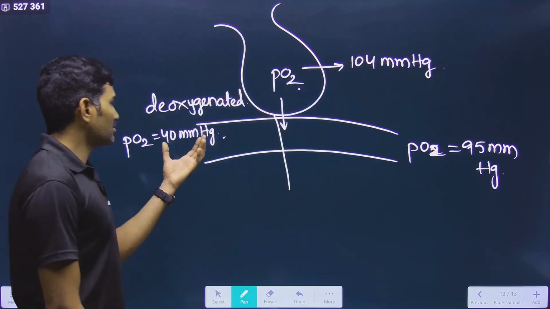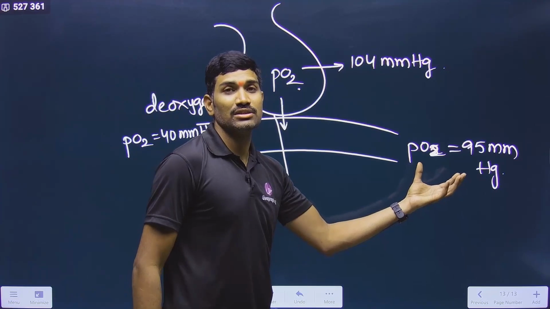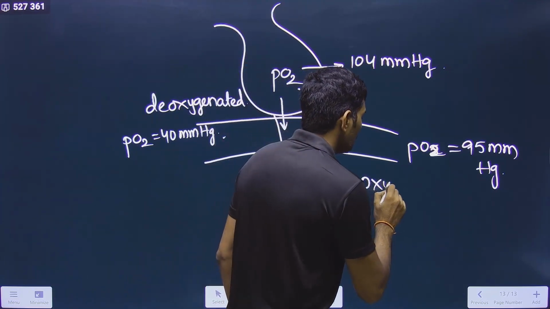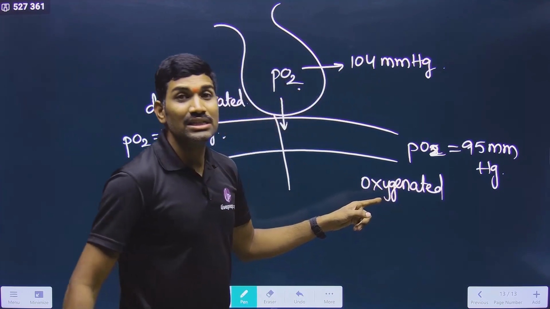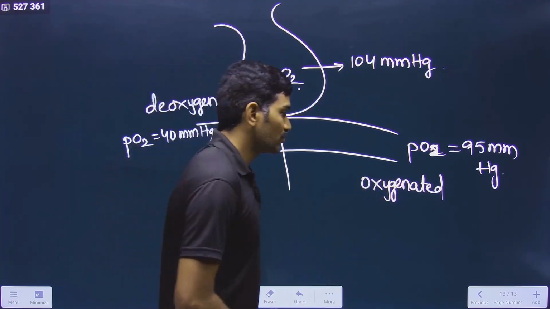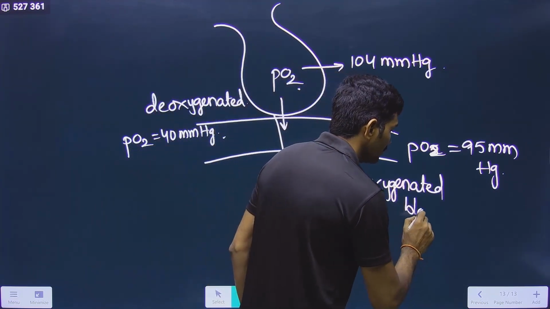In this way, here less oxygen is there, here more oxygen is present. Oxygen is added to this, so that's oxygenated blood.